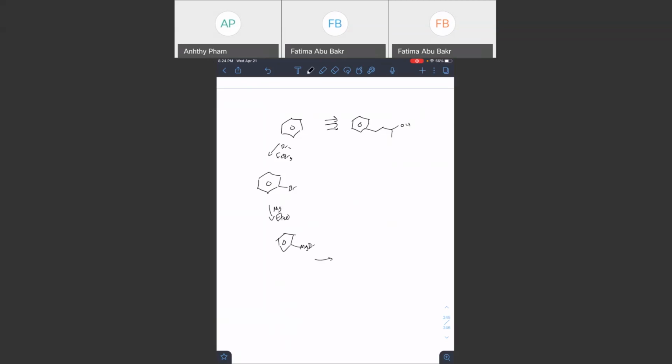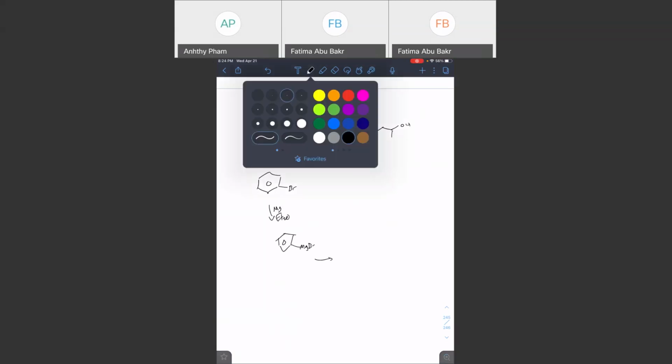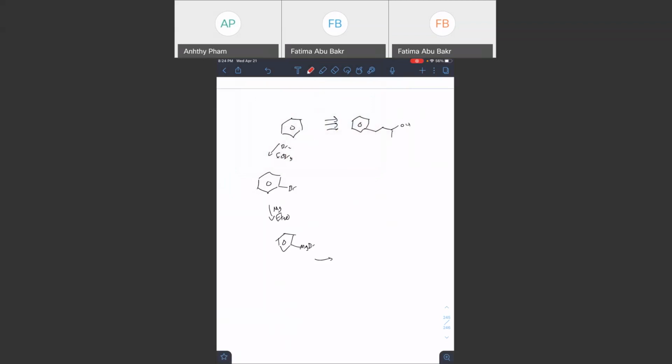If you look at this, the carbons that I colored red look like they could have been part of an epoxide. If we make this part a base that attacks the epoxide, it would go to the side with the most hydrogens, which is kind of what we want right there.